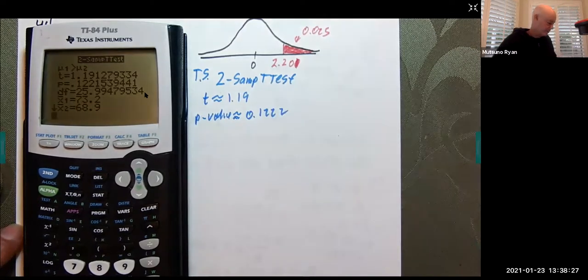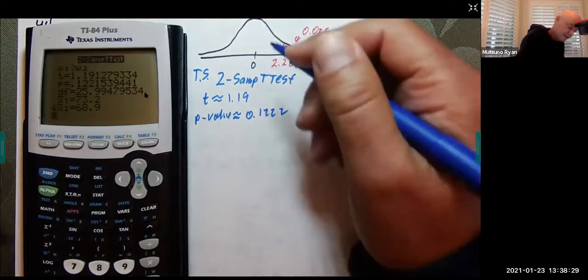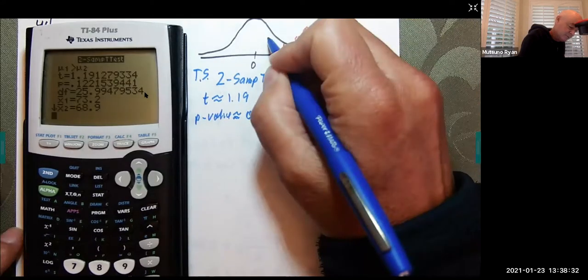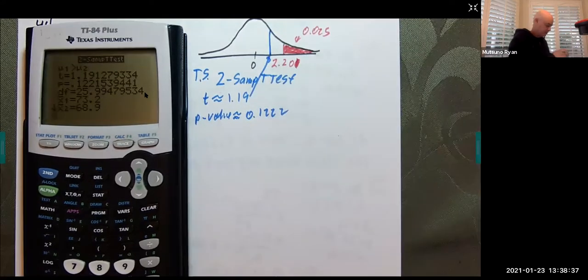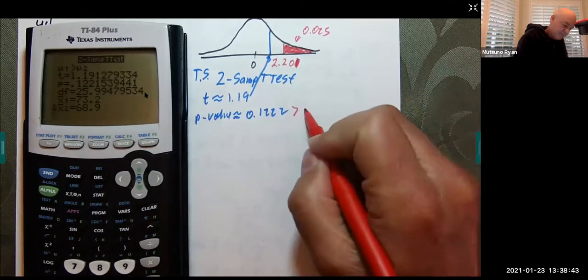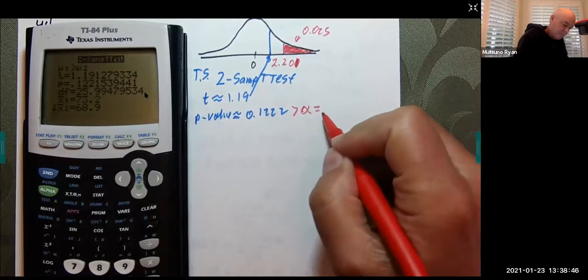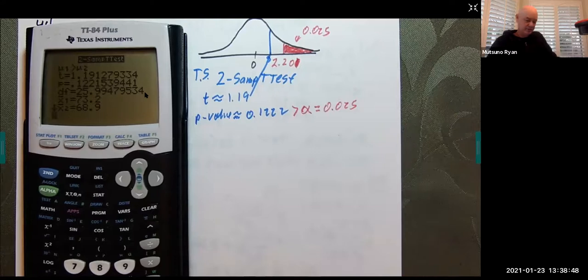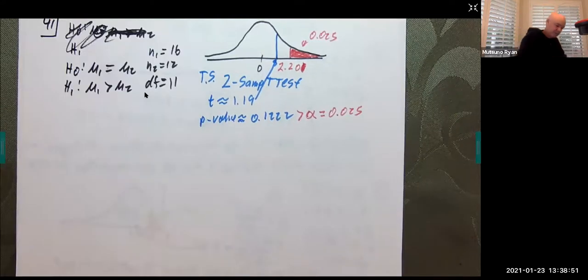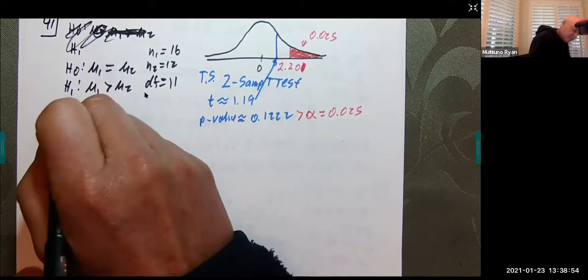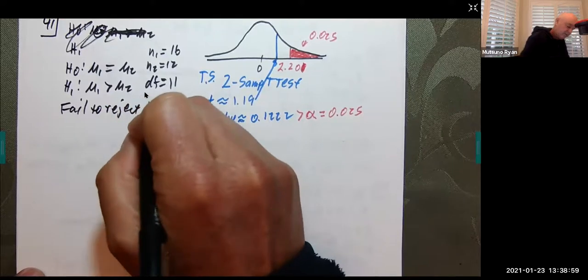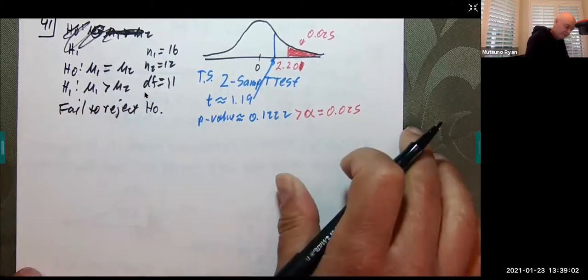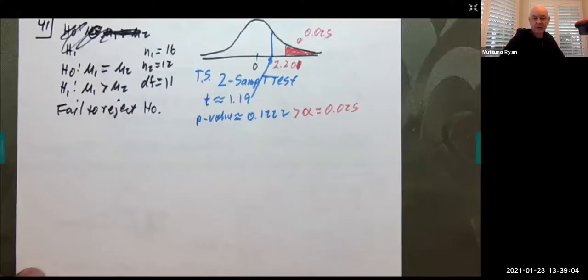And I want to point out that my test statistic, I'm going to overexaggerate this, is right there. And the big point is our p-value is bigger than our alpha. So we are going to fail to reject the null hypothesis.